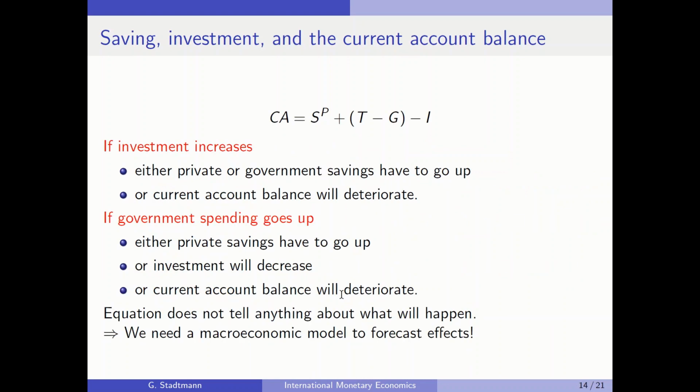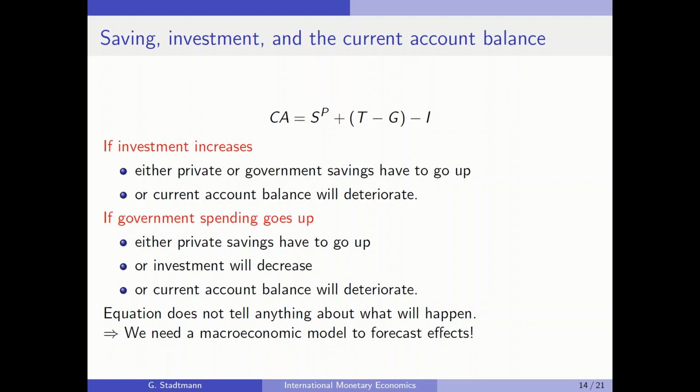Frequently in macroeconomics, we want to find out what happens if, for example, a shock arrives and investment increases. This could either lead to a situation where private savings is up or government savings is up, or where the current account balance will deteriorate.